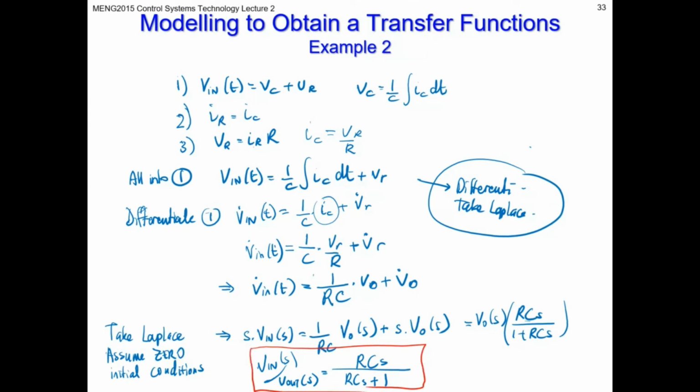Now this is another type of system, what's called a first order type 1 system. And that has a slightly different characteristic to the basic first order system that we saw with the thermometer, putting the thermometer into the liquid.